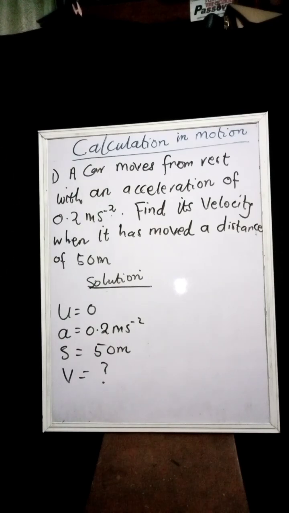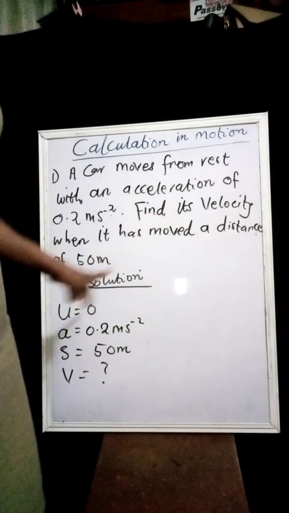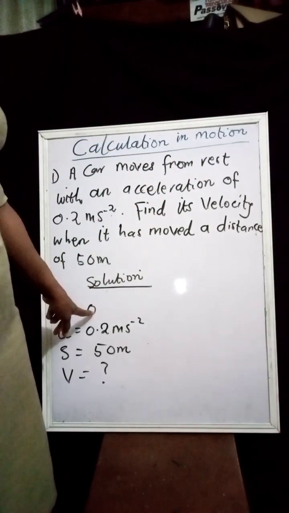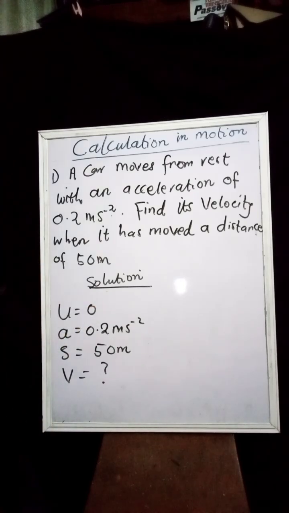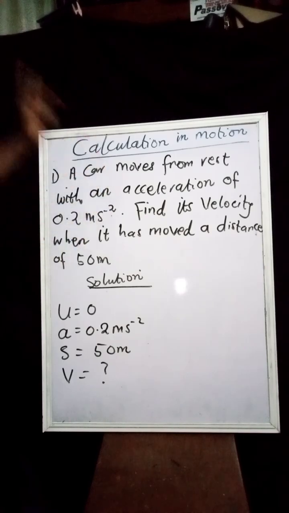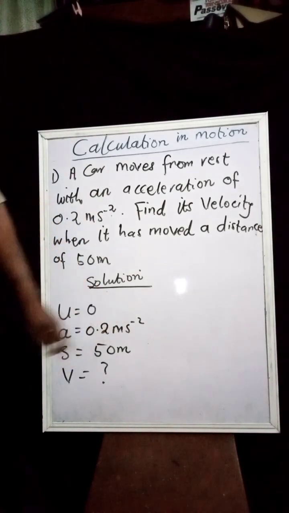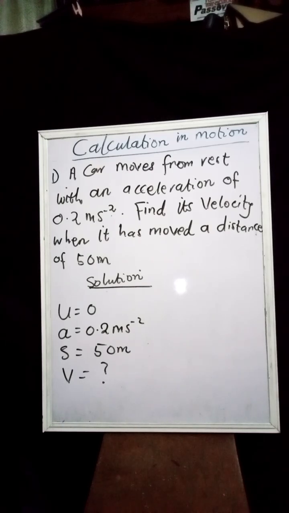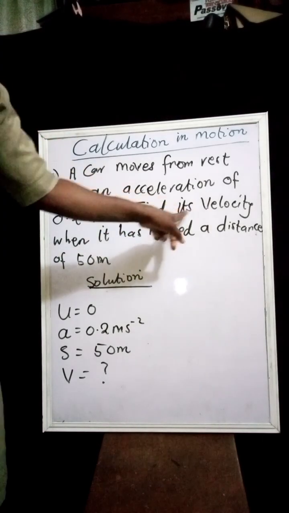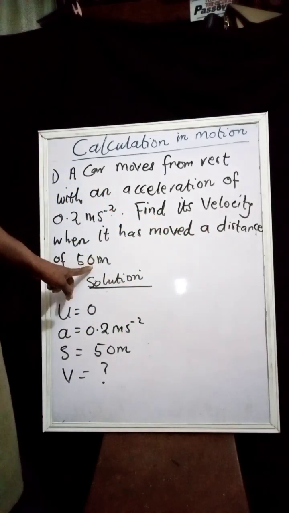So in this case, how are we going to pick the equation that we are going to use? Here, because the car moves from rest, our initial velocity u is equal to 0. Then with an acceleration of 0.2 meters per second squared, our a is 0.2 m/s². Then find its velocity when it has moved a distance of 50 meters.